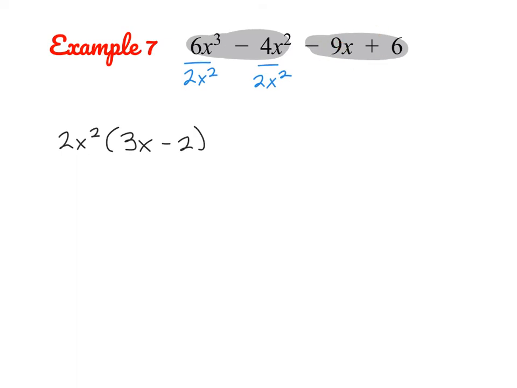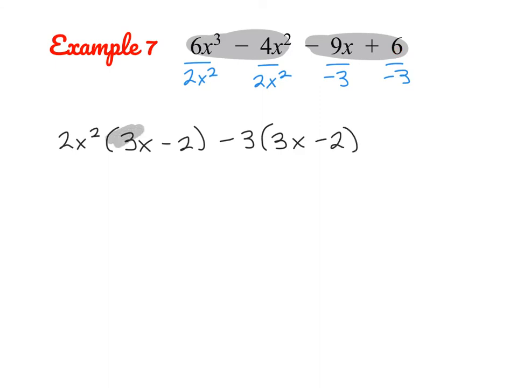And here, anytime this first term is negative, I'm going to divide out a negative as part of my GCF. Both terms are divisible by 3, so let's divide out negative 3. So we say minus 3 times 3x, and then be careful, this becomes minus 2.